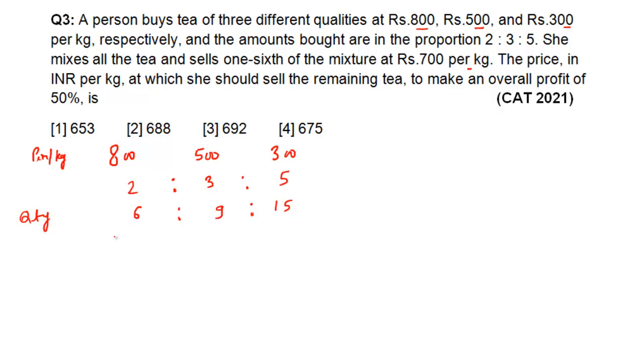The price for 800 is 4800 total cost, for this one it is 4500, and for this one also 4500.